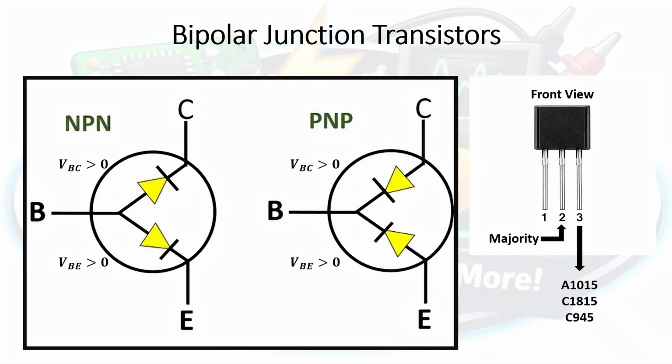For these two diodes to be forward biased, the positive terminal of your multimeter should be tapped at the base, with the negative terminal tapped at the collector and at the emitter. Once you've done that, you're going to get a measurement of the forward voltage of both diodes, or the base collector voltage and the base emitter voltage for the NPN.